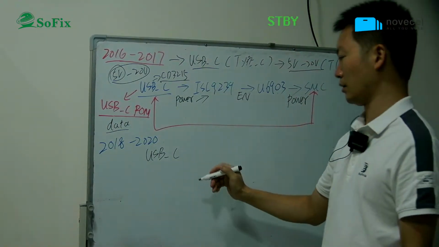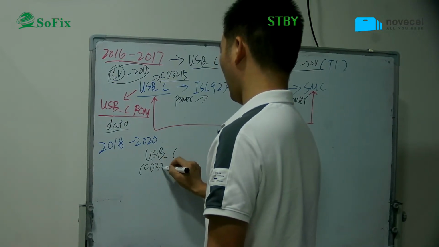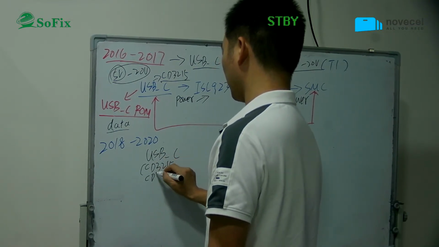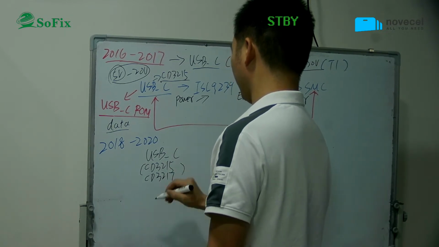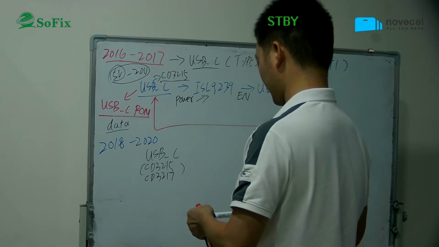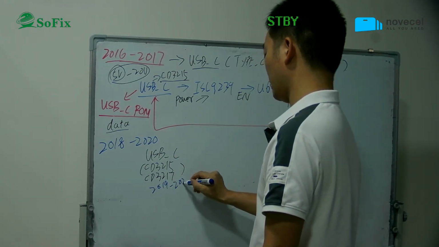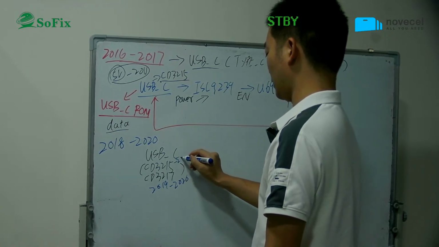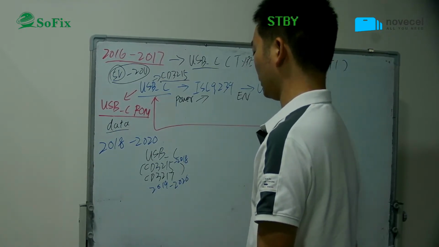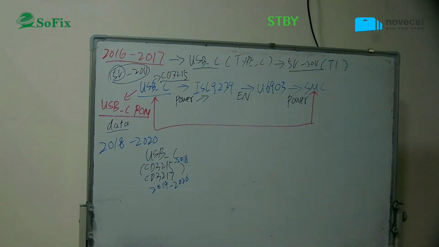For the T2 model, they use the CD3215 or CD3217. 2019 to 2020 is one, and this one is 2018. So a different year uses a different USB-C chip.